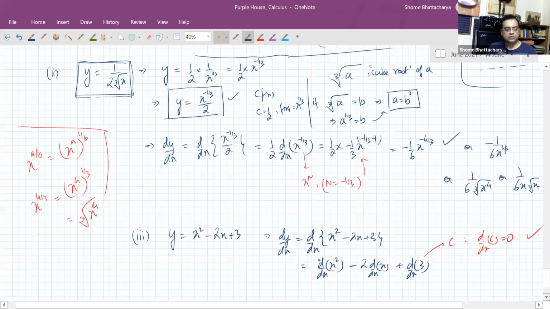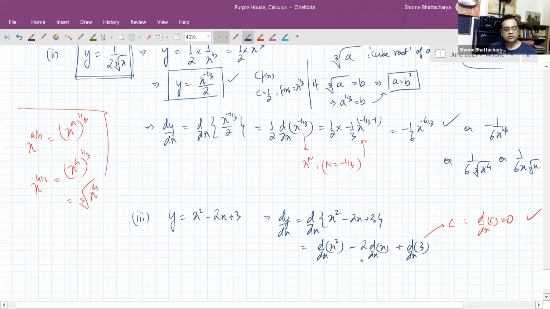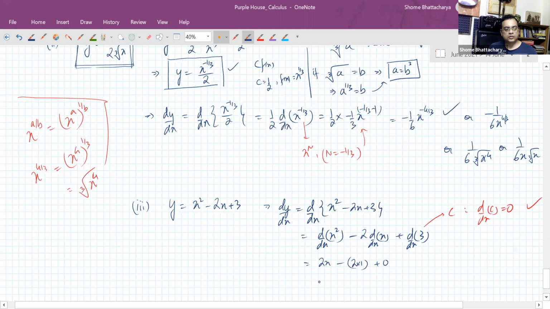Rest is all formula based. So 2x. So this becomes the final answer. So this is the derivative of y.